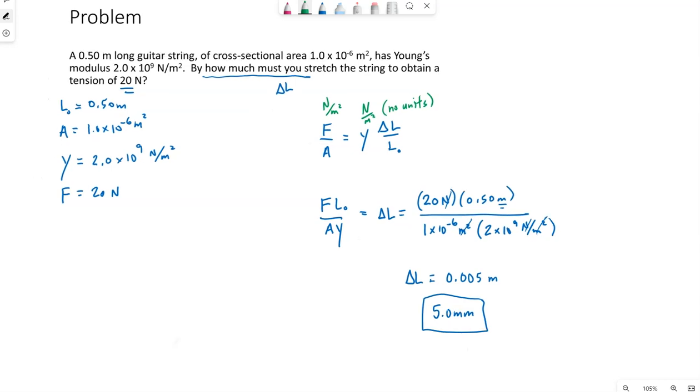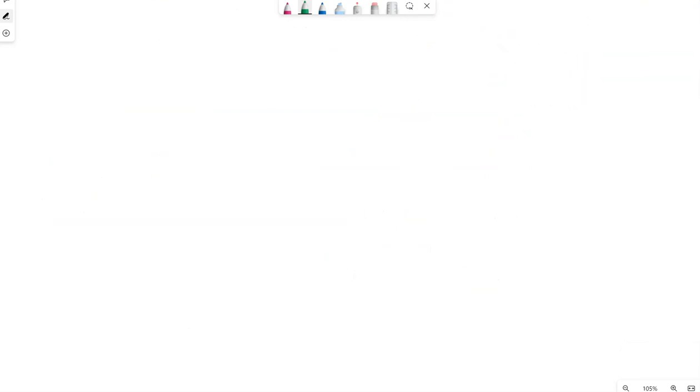Okay, one other modulus that we cover is called the bulk modulus. And this is related to changing volume. So somehow we're changing the volume overall.